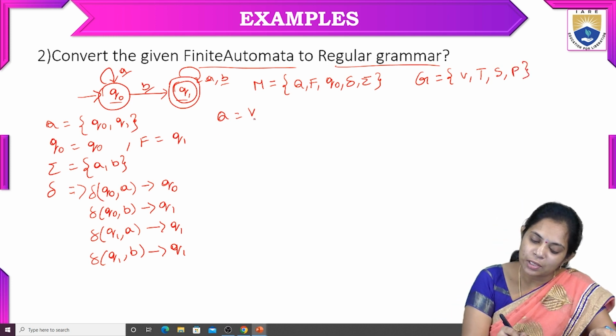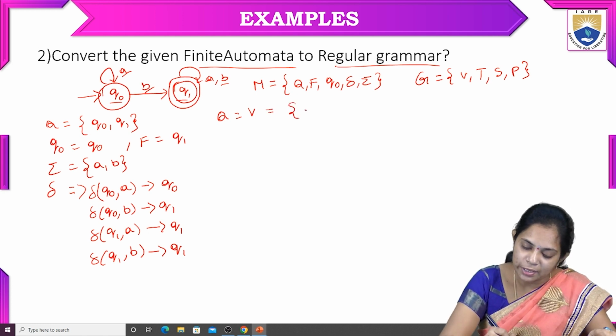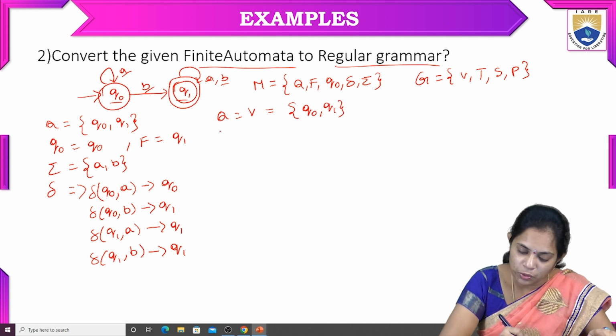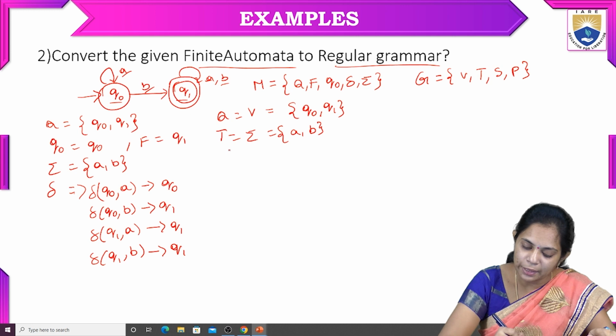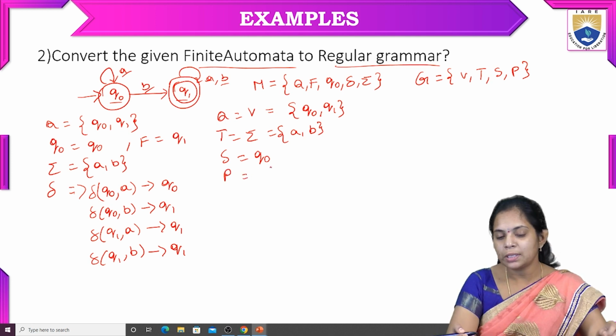Here Q is equal to V, so V is the states Q naught comma Q1. Next, the terminals are sigma, which are A comma B. The starting state S is equal to Q naught, and P we have to write. So here, what are the two cases?